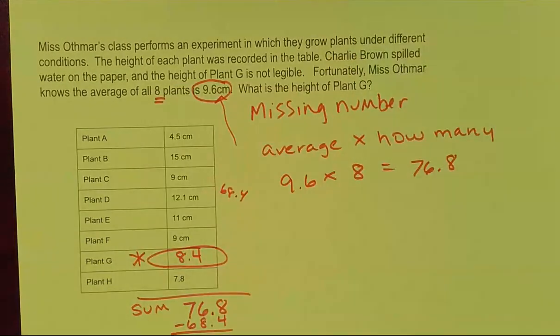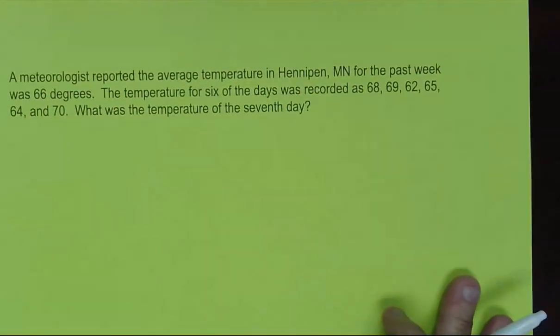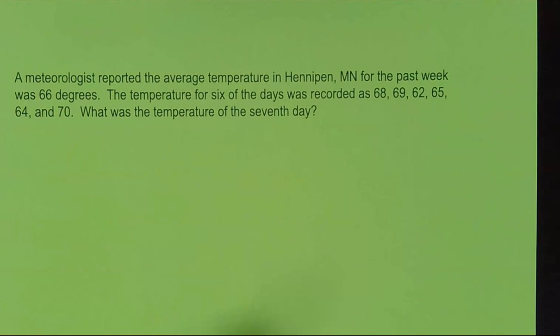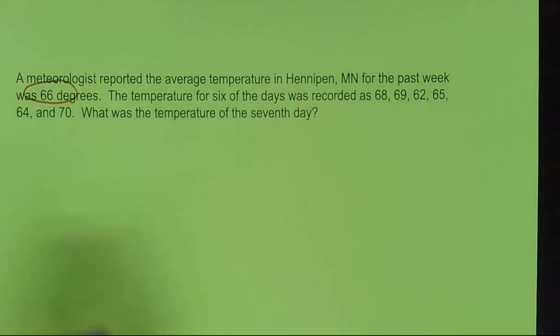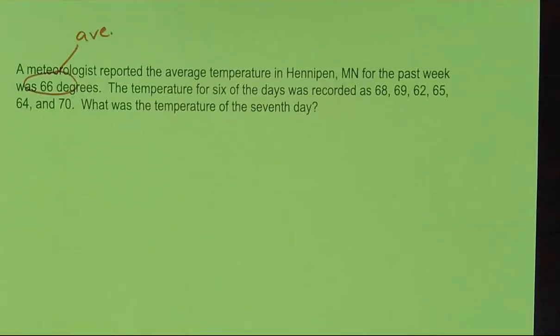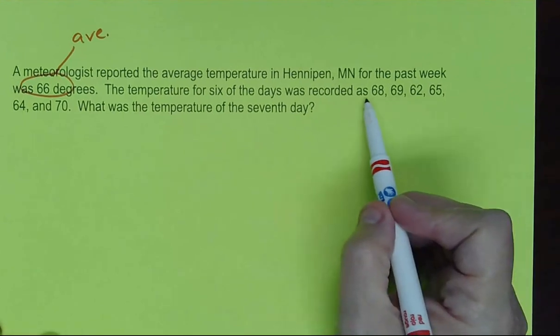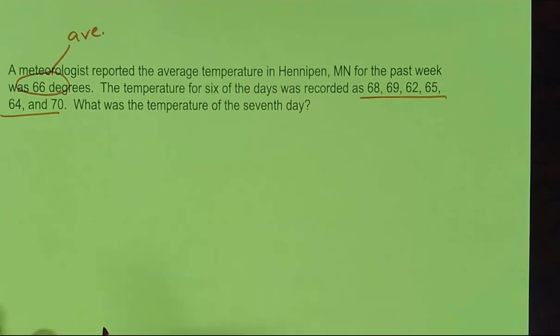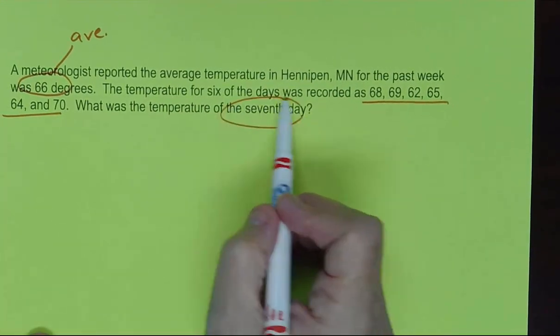Let's do one more of these. This one, a meteorologist recorded the average temperature in Hennepin was 66 degrees. So that's the average that we are given. The temperature of 6 of the days was recorded. There's our 6 temperatures we know. What's the temperature of the 7th day?